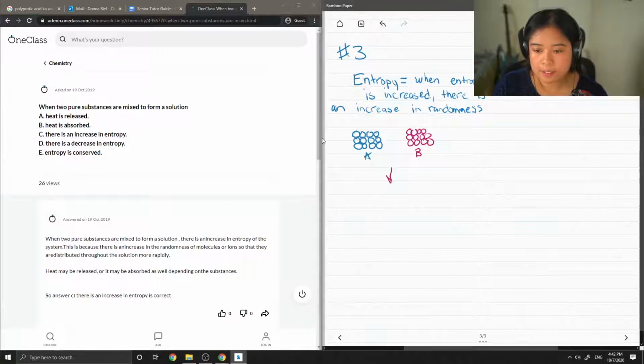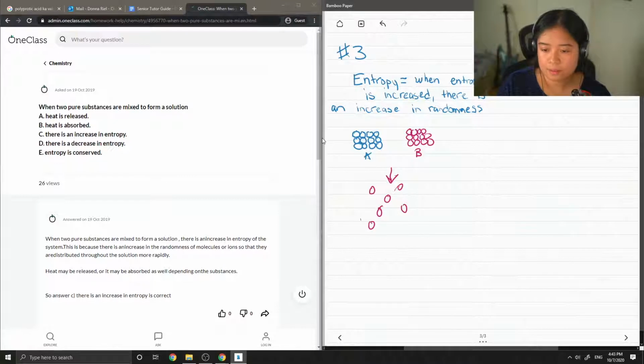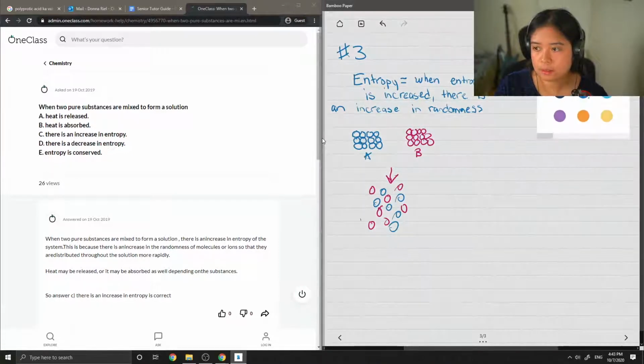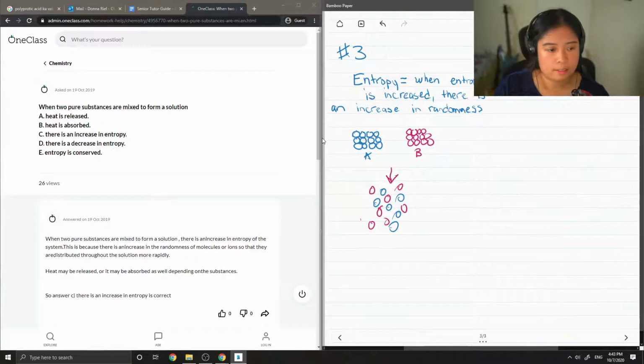But if I were to mix the 2 substances together, you start to get an increase in randomness. So therefore, we can say that our answer is C, an increase in entropy.